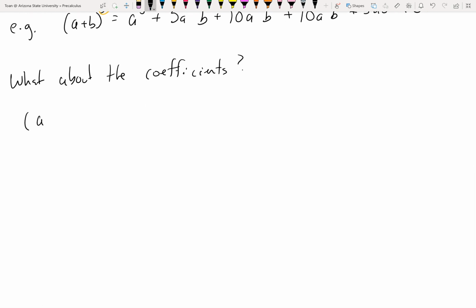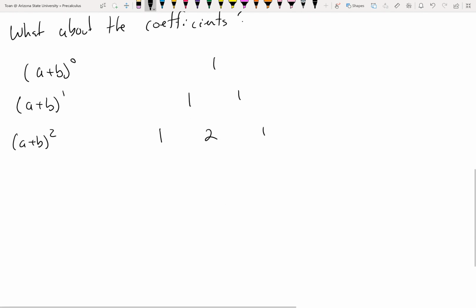So if you were to do, let's start with (a + b) to the 0 power. Of course, that's going to give us an answer of 1. (a + b) to the first power, the coefficients were 1a and 1b. (a + b) squared, the coefficients were 1a squared, 2ab, 1b squared. (a + b) cubed, the coefficients were 1a cubed, 3a squared b, 3ab squared, 1b cubed.